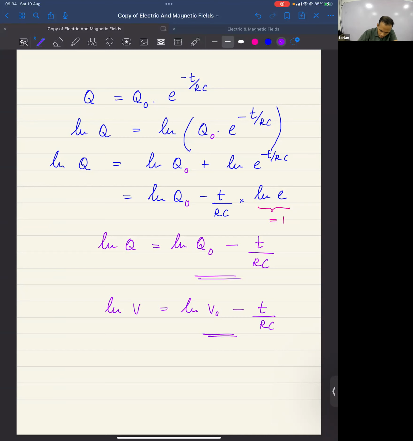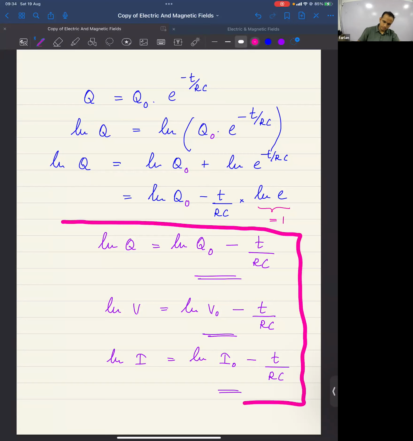Current variation will be ln I equals ln I naught minus T over RC. Is that okay?